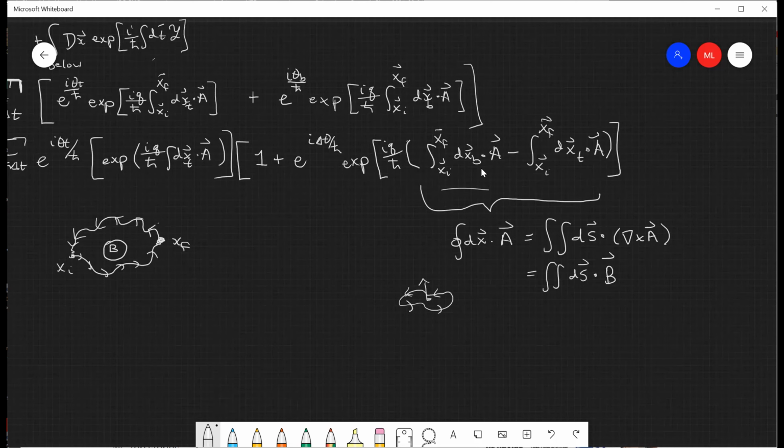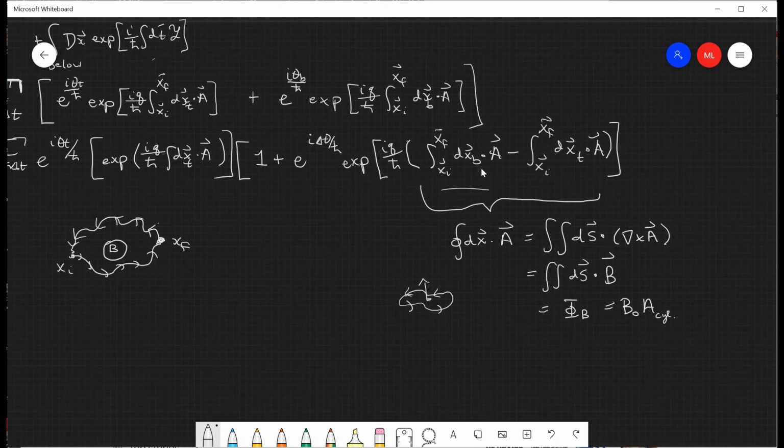And what is this thing? This is nothing but the flux of the magnetic field. It's the magnitude of the magnetic field multiplied by that area. It's B0 times the area of the cylinder, because that's where the magnetic field lives.